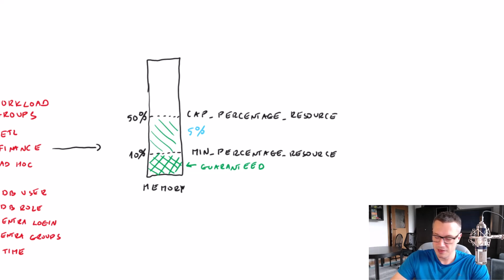And you can do this by using this request min resource grant percent. I love those names.